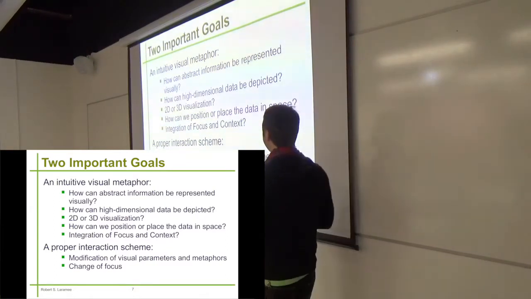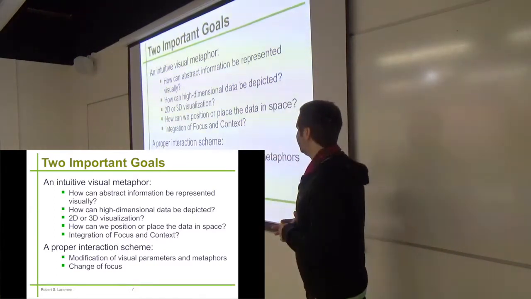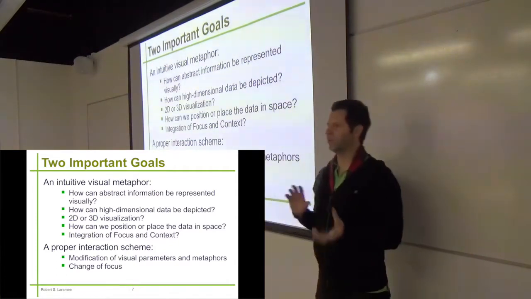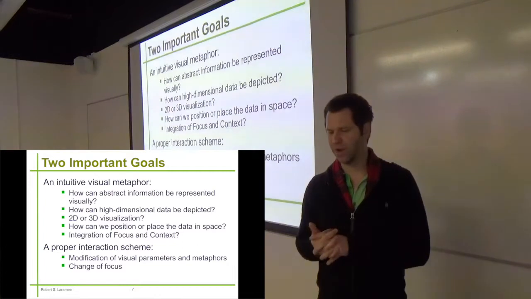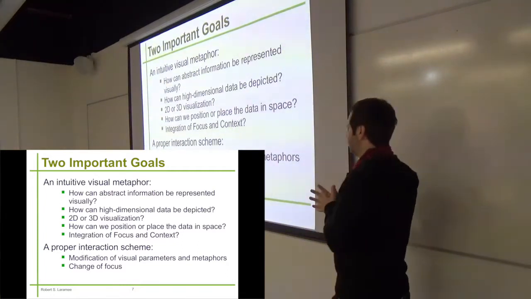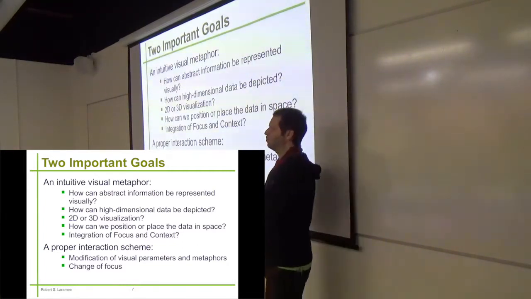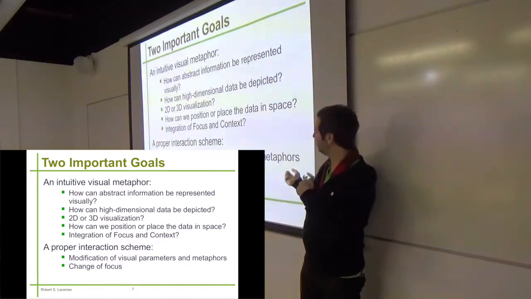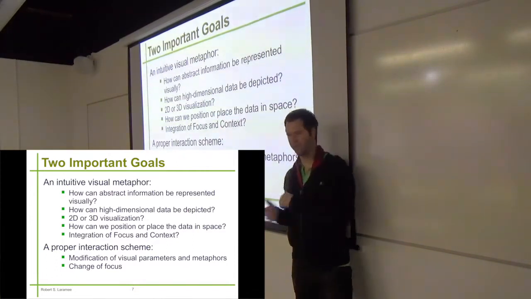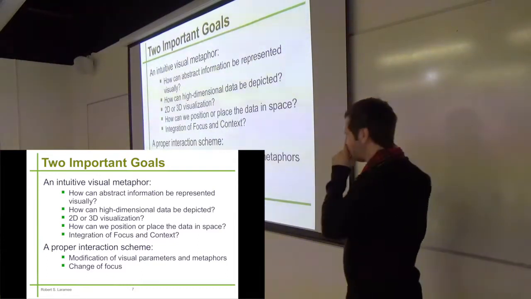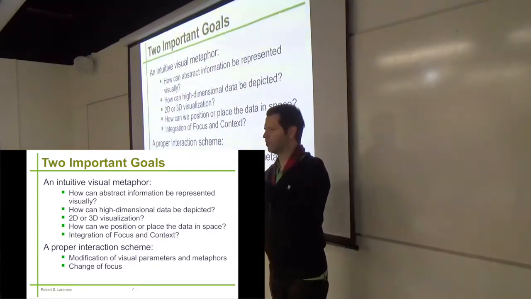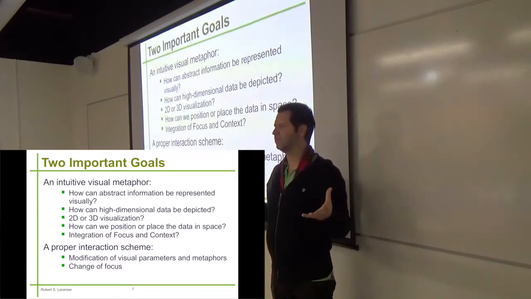A good interaction scheme provides different parameters that we can adjust and then modify what we're seeing based on input parameters. But the strategy is always the same. That's not written on this slide, but it's still important. The strategy is always as follows. Start with an overview of your data, a complete overview.